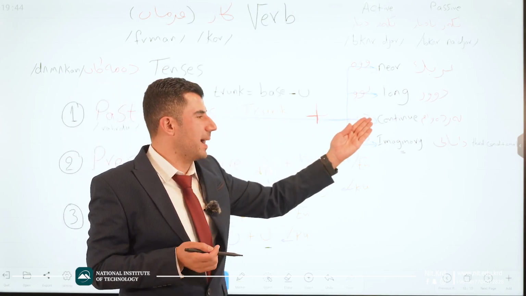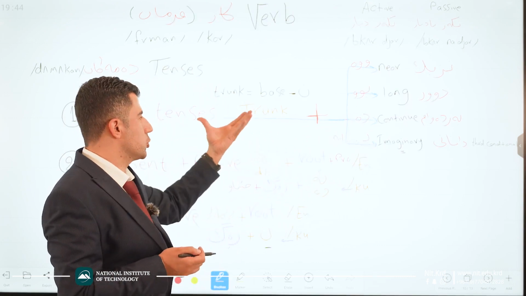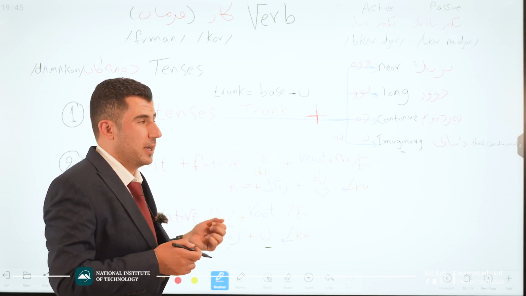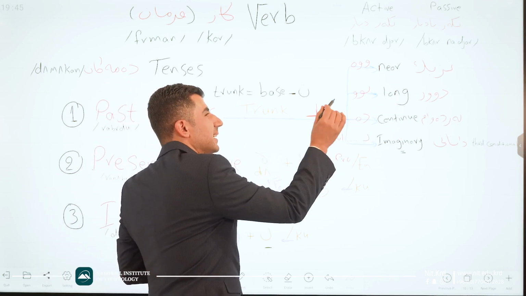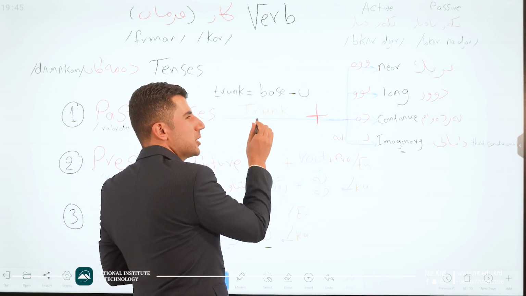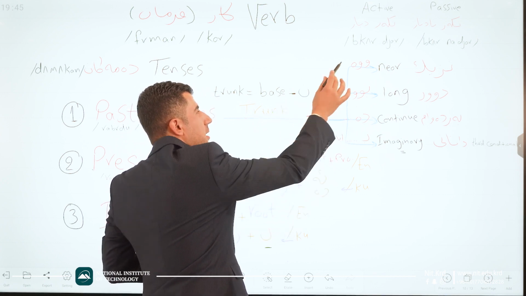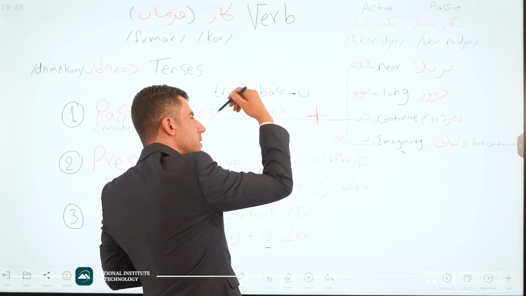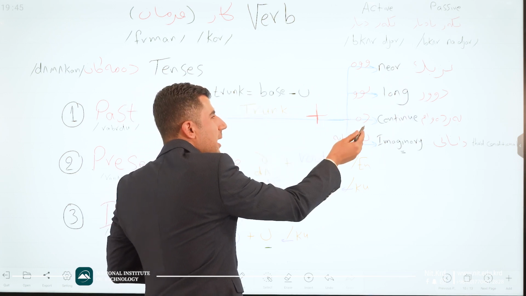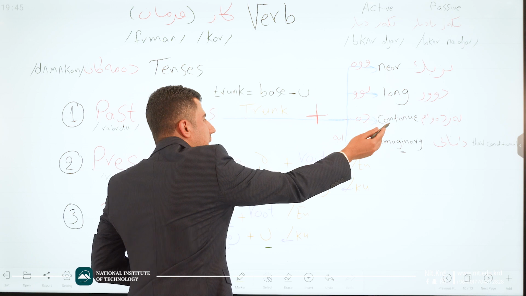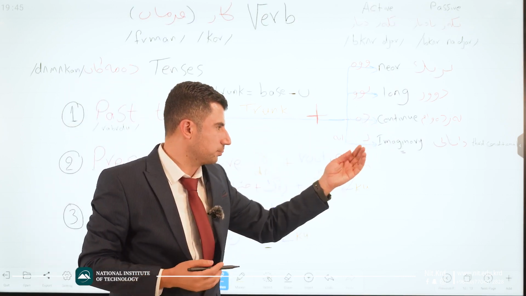For making past continue, we have to bring the trunk of the verb and add da before the trunk. Those two go at the end of the trunk, but da goes before the trunk to become past continue.